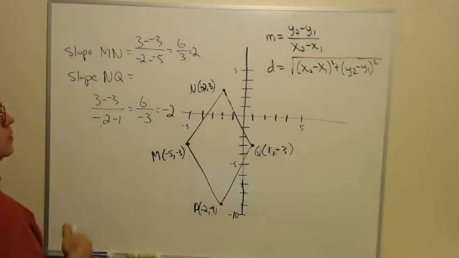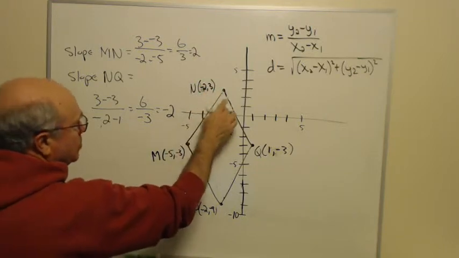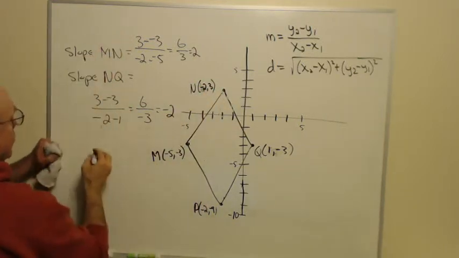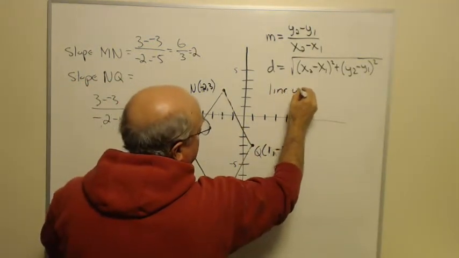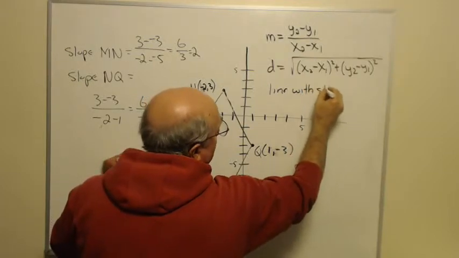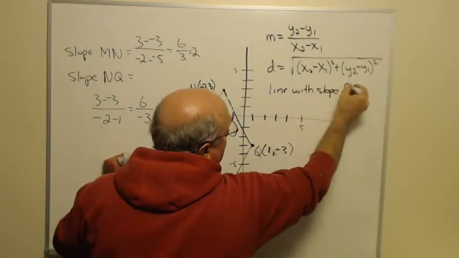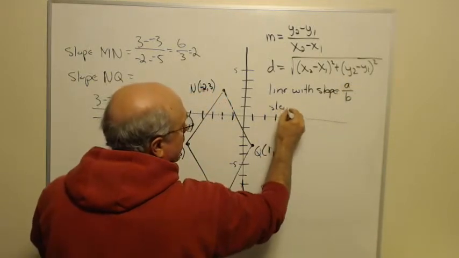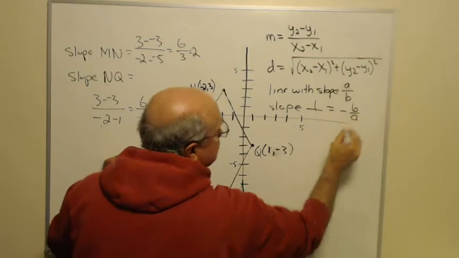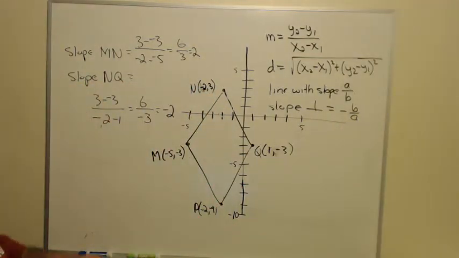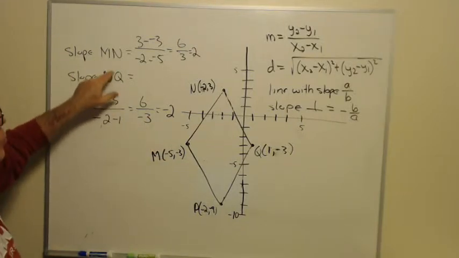In order for it to have been a right angle, remember, slopes of perpendicular lines are negative reciprocals. So in our toolbox, if we have a line with slope A over B, then the slope of any perpendicular line will equal -B over A. It's the opposite reciprocal: we flip it over and change the sign. We changed the sign, but this wasn't the reciprocal. So I know those two are not perpendicular.